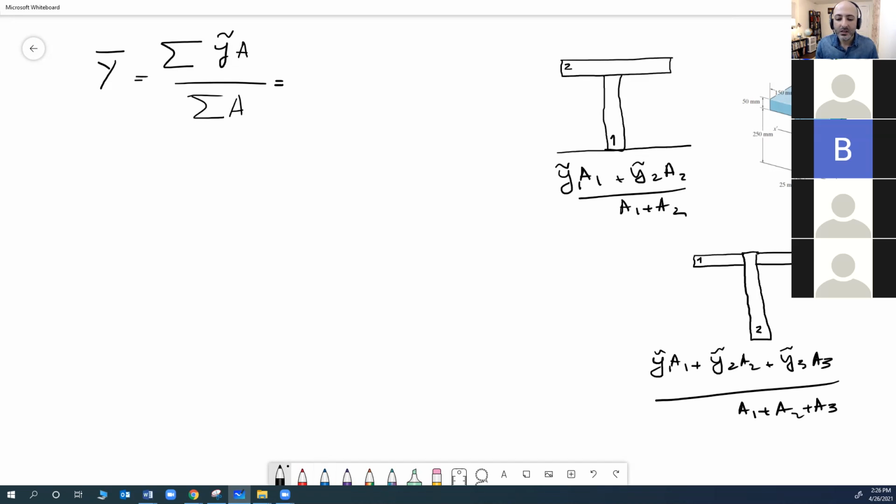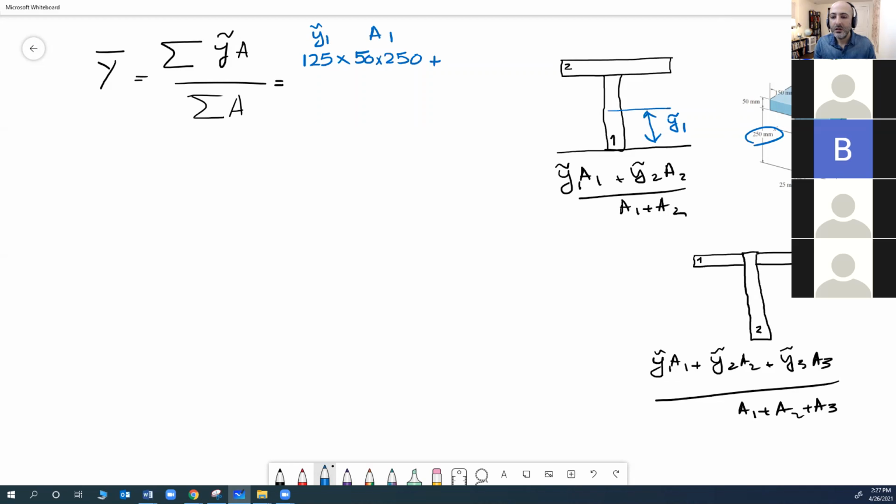Y tilde is the distance to the centroid of this part. So this is y tilde 1, which is going to be 250 over 2, so 125, multiplied by area 1, which is 50 by 250. This is y tilde, this is area 1.